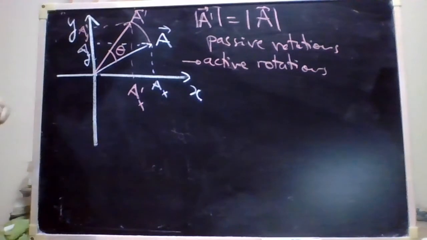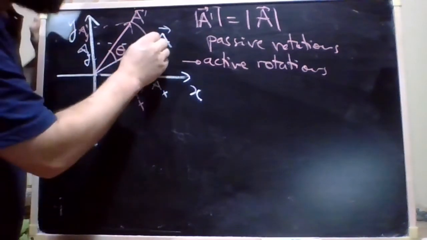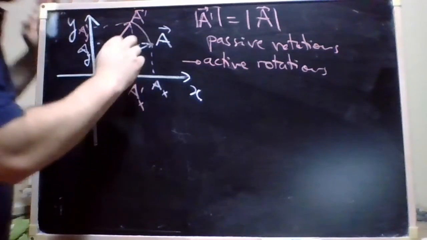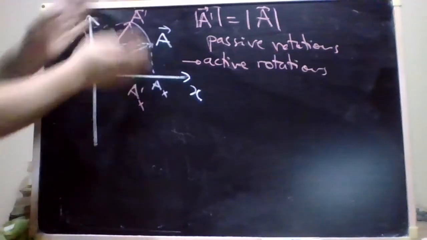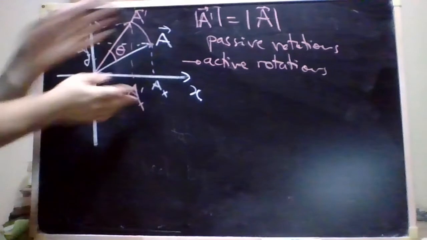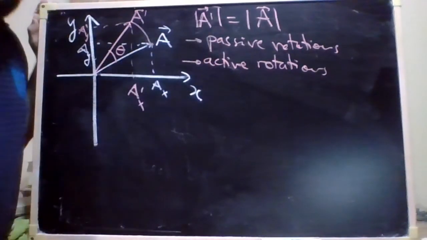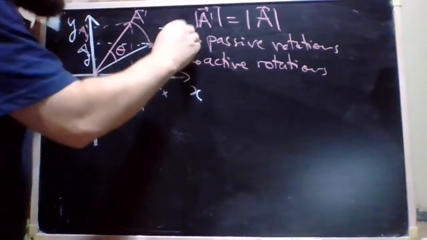And in the other viewpoint, the observer is fixed with the vector, so he sees a change in the reference frame, say. It's a very crude interpretation, but there are two viewpoints.